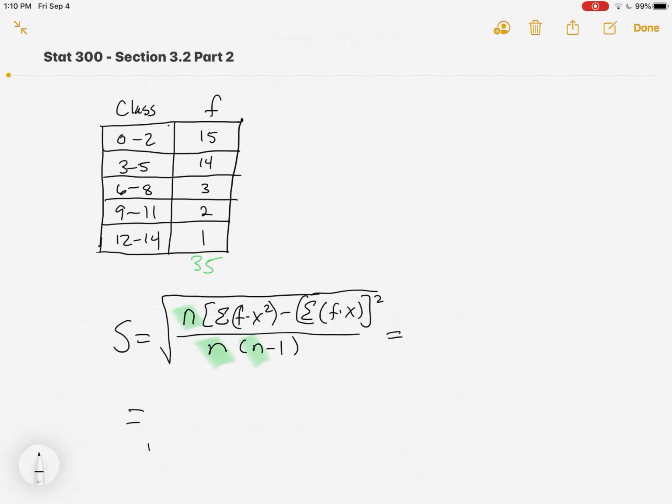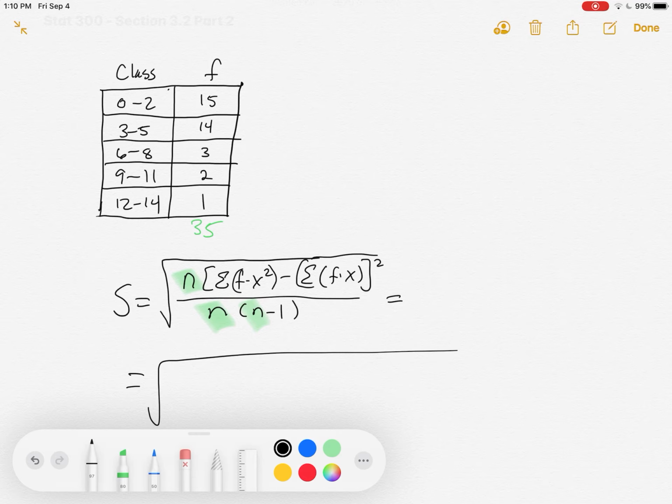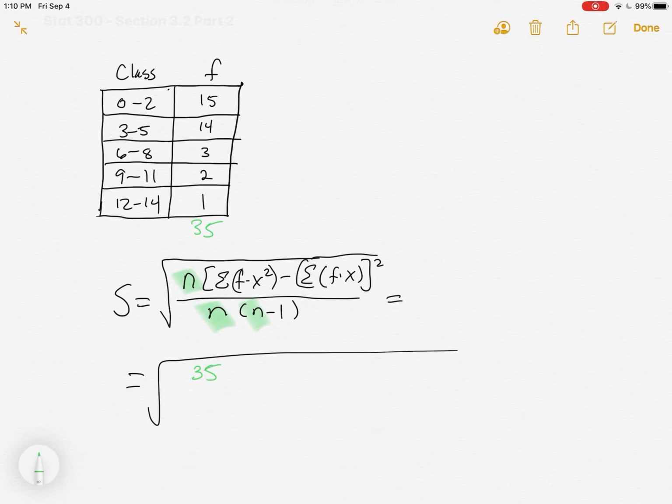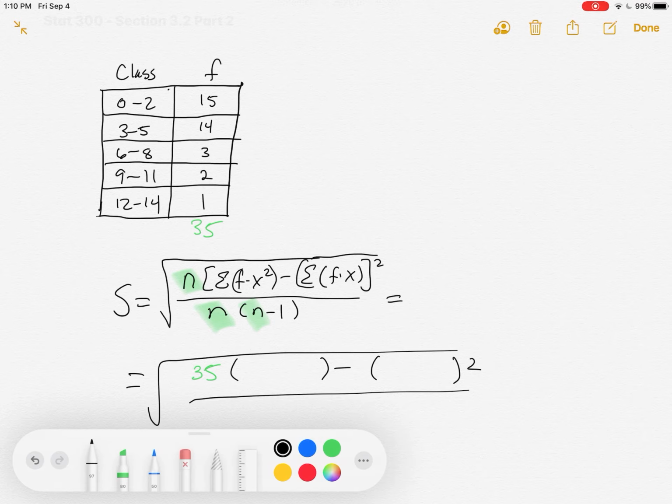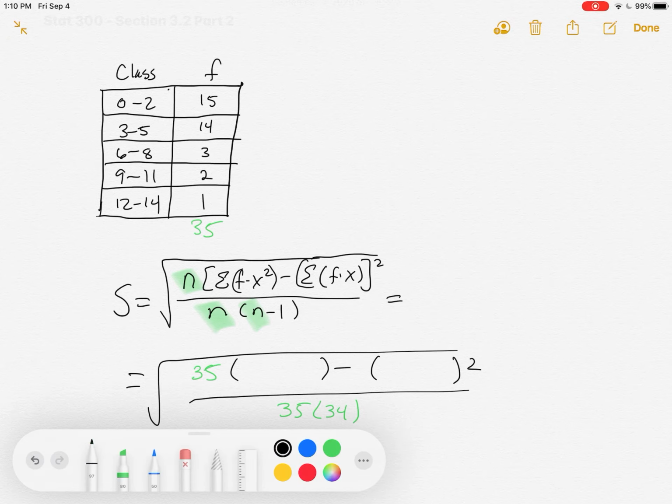This is the square root, and now we know that n is 35, times some number minus some number squared, all divided by 35 times 34. In this way it feels very similar to what was going on in the previous section.